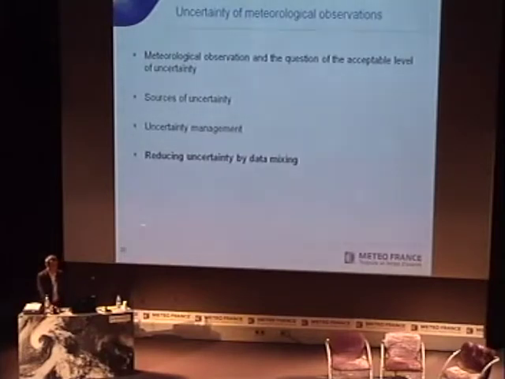So, if you use old data, this is important to know about. For the last item of this presentation, I will go on a specific example of a way to mix two sets of data. The first set of data is really accurate, but has low density, and the other one is high density data, but is not really accurate.